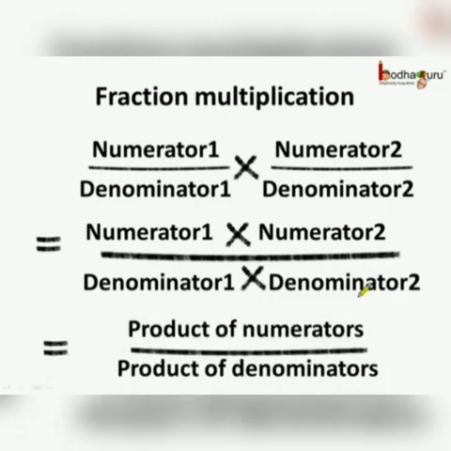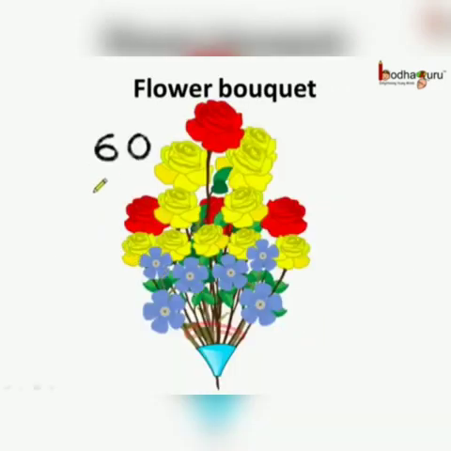In short, it is equal to product of numerators by product of denominators. Understood? So there were 60 flowers in the bouquet, and 1/6 of the flowers were red roses, which means there were 10 red roses in the flower bouquet.